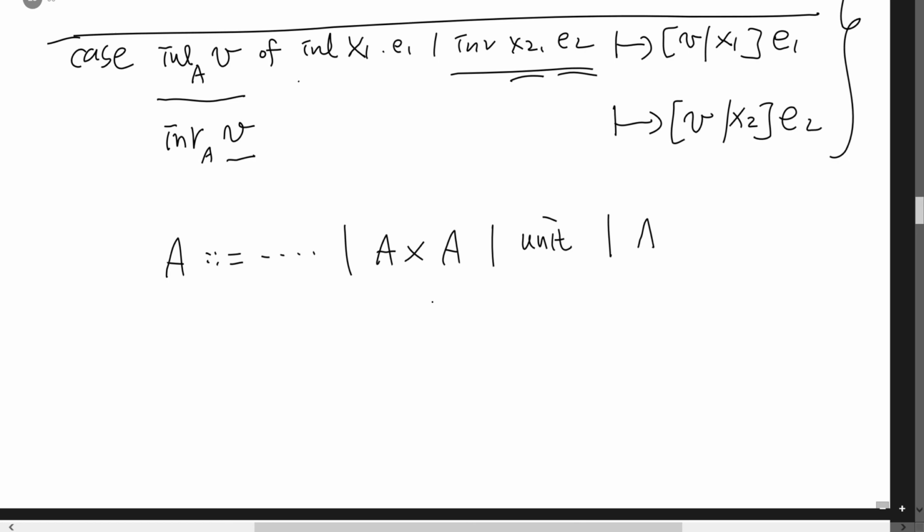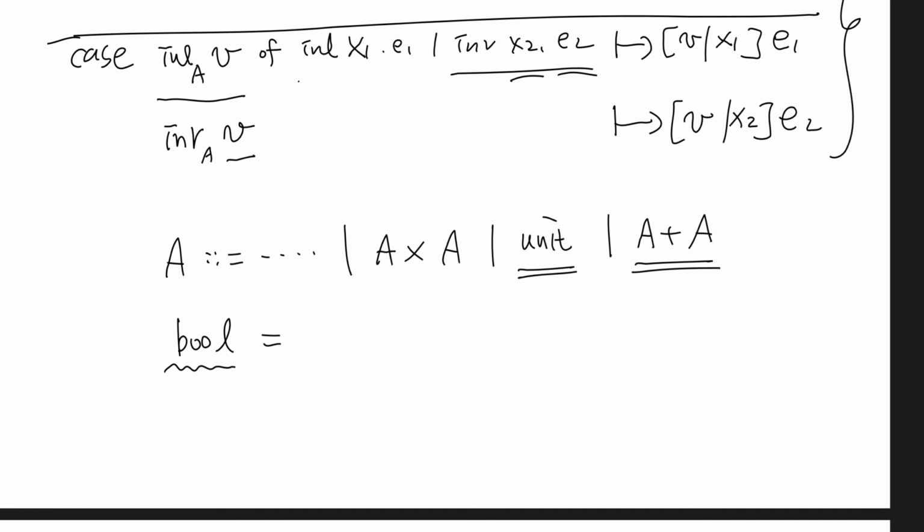And now we have this sum type. And by exploiting this unit type and sum type, now we can encode Boolean type. Remember that the inherent capability of this Boolean type is to be able to choose one of two options.